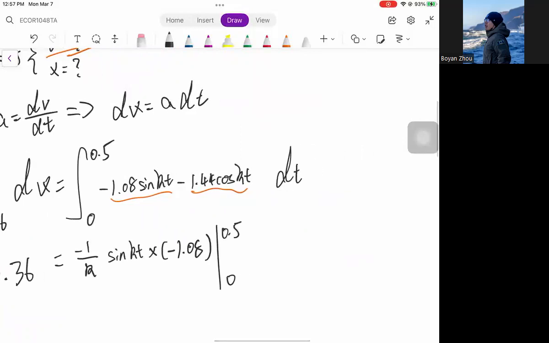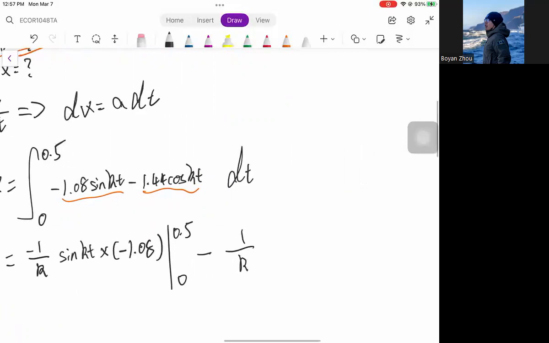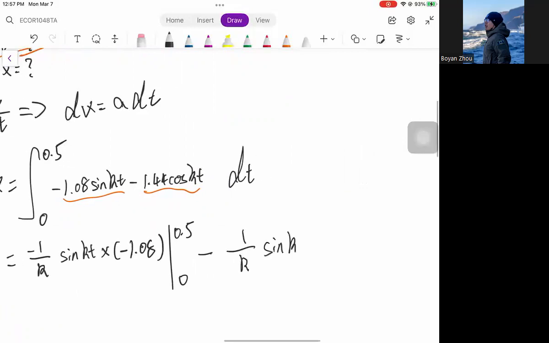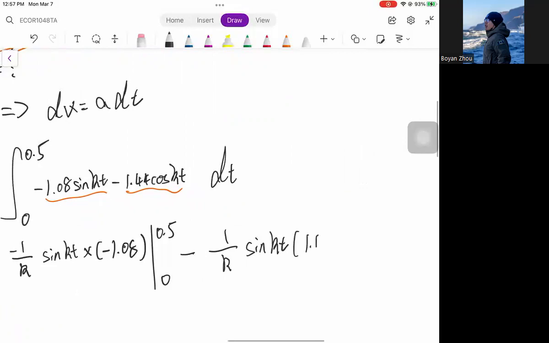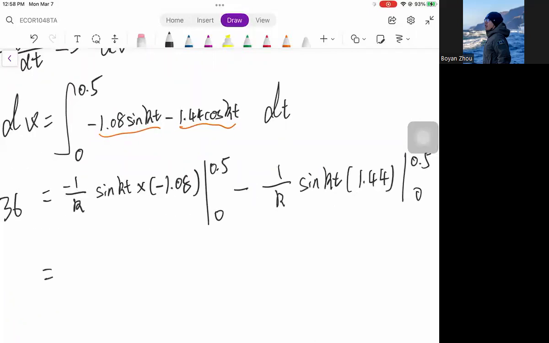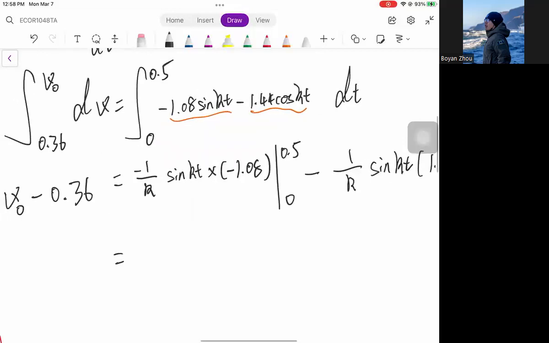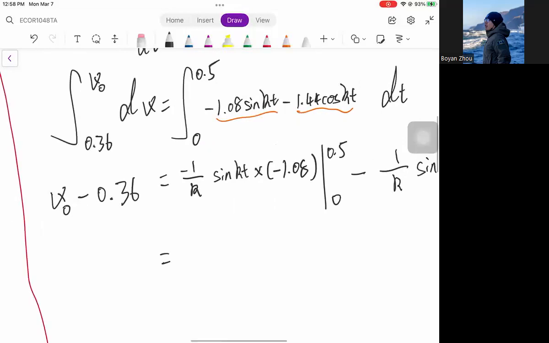And then we minus the integration of cosine kt, which is 1 over k times sine kt, times 1.44, also evaluating from 0 to 0.5. Then we simplify the equation. On the left-hand side, everything stays the same.